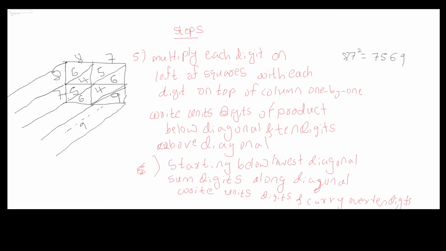Next, sum the digits along the diagonal, write the unit digit as it is and carry over the tens digit. 9 can be written as 09. Write the unit digit as it is and carry over the tens digit, that is 0.